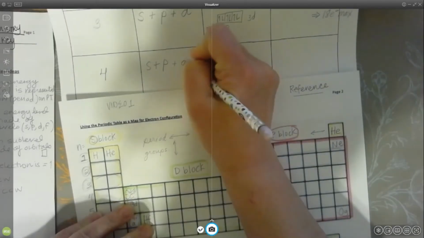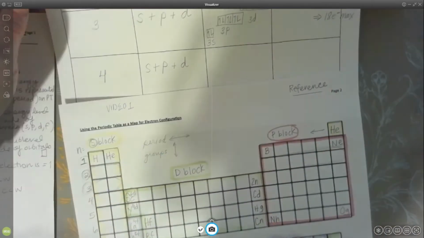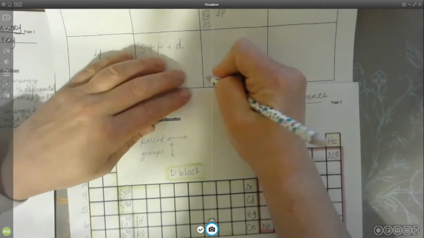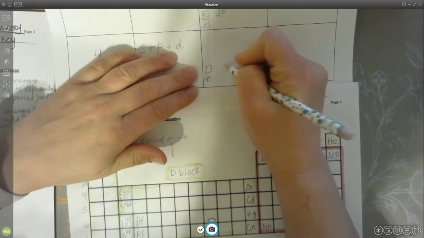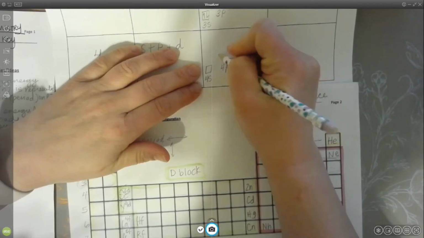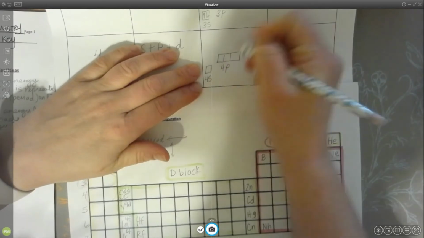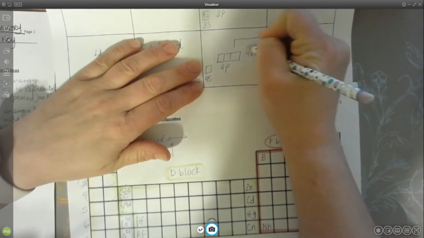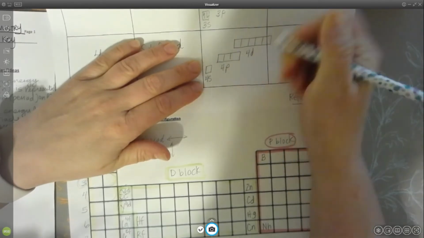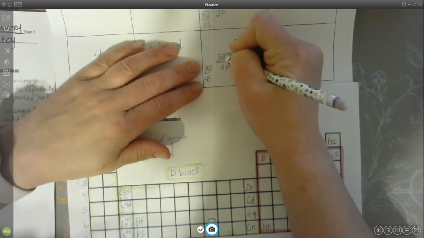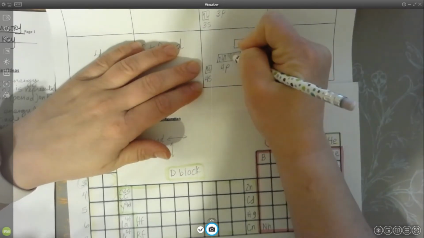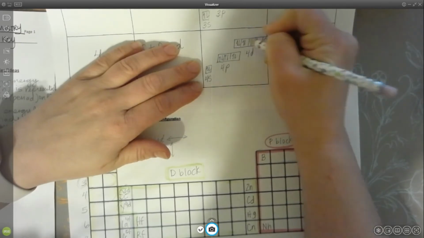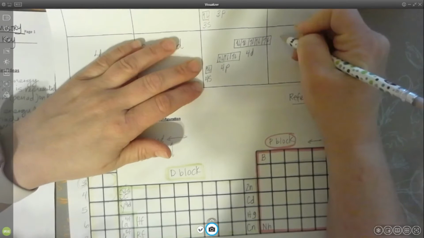So this is going to look similar to the 3rd energy level, but instead I'm going to have 4s, 4p, and 4d. And again, I'm going to have similar numbers here, actually identical numbers, in terms of orbitals and electrons.